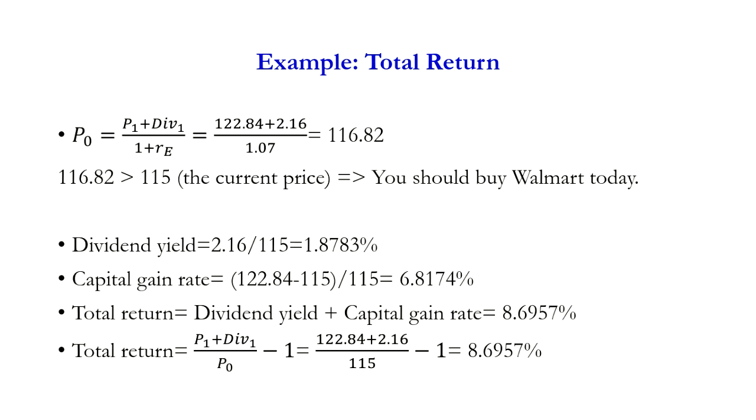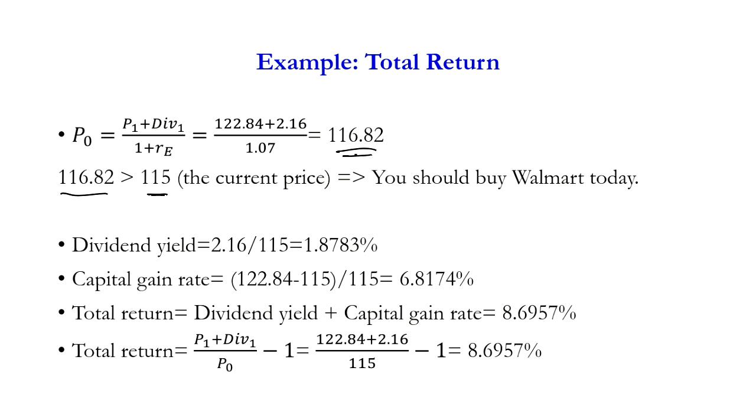Here I have written the equation from slide 6. Here we calculate P0 as $116.82. Because this number is larger than the price observed today in the market, we should buy Walmart today.